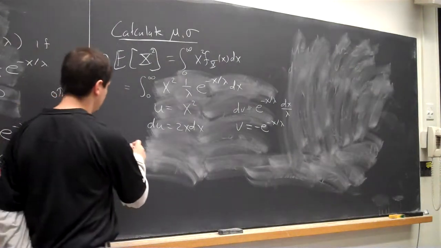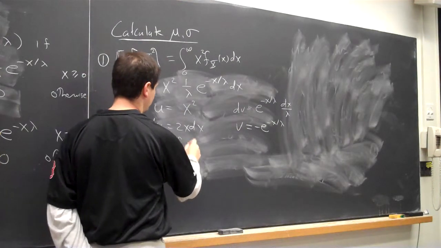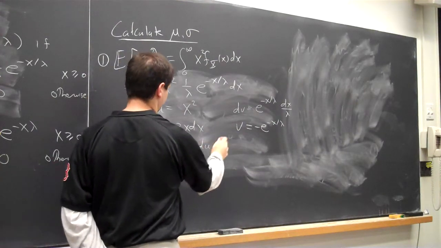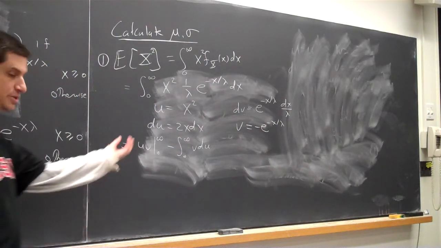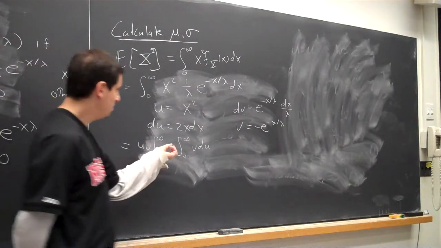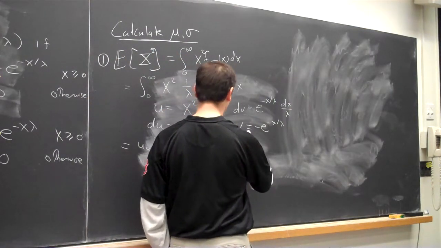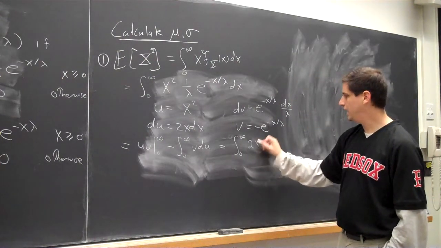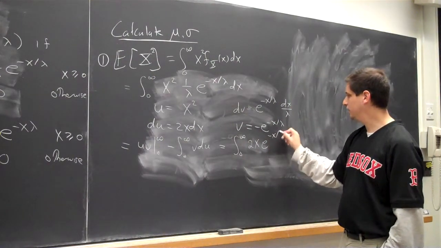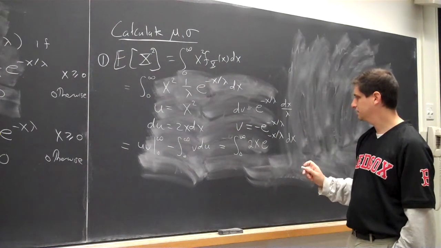And so now we get uv from 0 to infinity minus the integral from 0 to infinity of v du. Well, arguing exactly as before, we'll see the boundary term uv doesn't contribute. The minus and the minus becomes a plus, and we're left with the integral from 0 to infinity of v du. So we'll have a 2x e to the negative x over lambda dx.